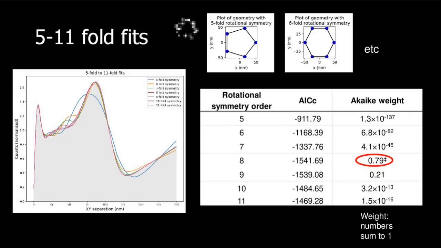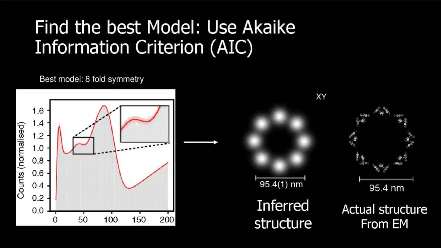And then you can weight it. So the weighting of this is all summing up to 1, and the highest number is the most likely model. So our most likely model is an 8-fold symmetry, and it's about 4-fold more likely than the next one, which is a 9-fold symmetry.